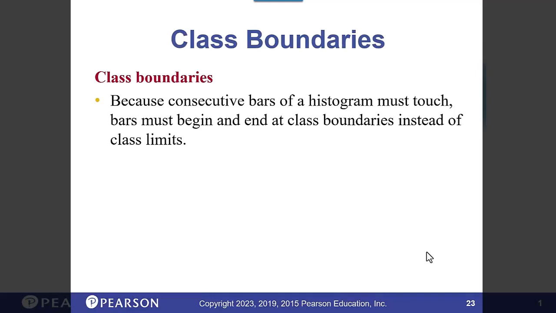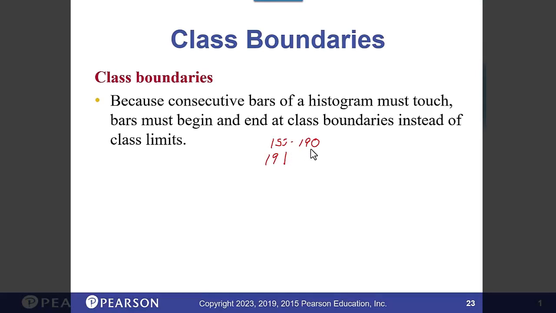Class boundaries. Okay. Well, we're thinking about the classes, and if the data come in distinct units or distinct integers, you're okay. But if they're continuous variables, if you could have decimal values, then you have to get class boundaries, because just saying 155 to 190 won't really do it for you, because the next one starts at 191, remember?